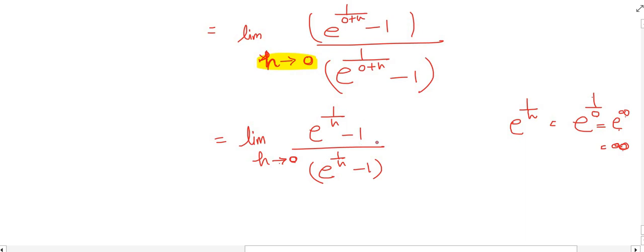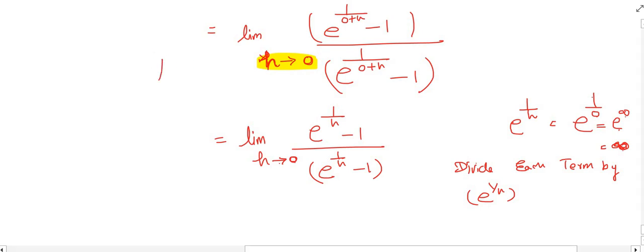I am trying to get rid of this infinity term. So what step do I need to take? I can divide each term by e raised to power 1 by h. Let's try.